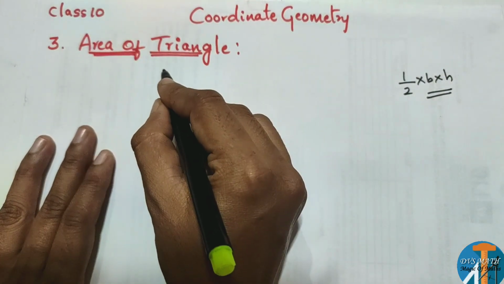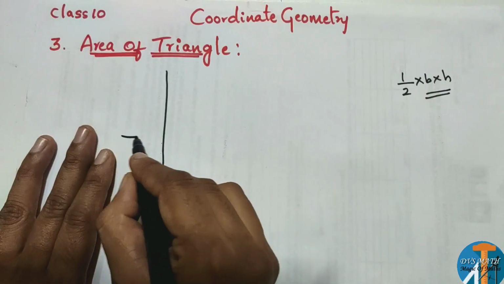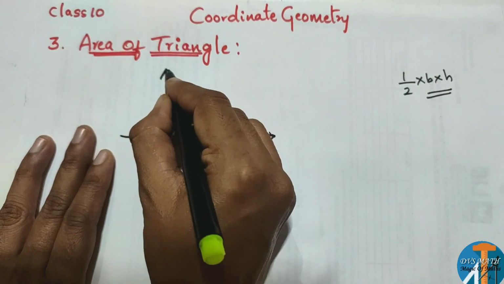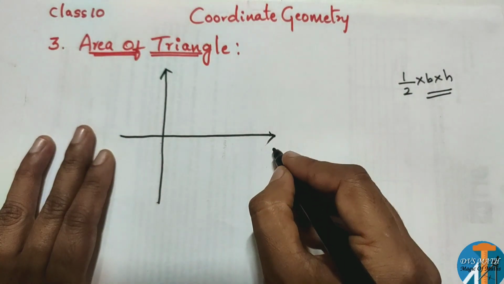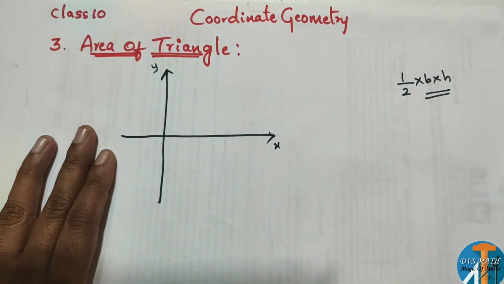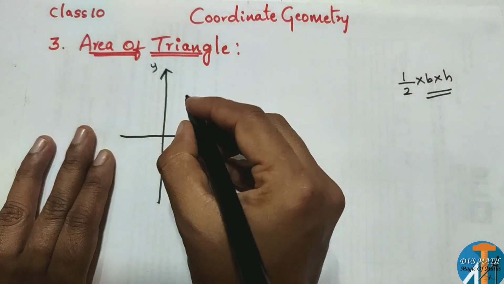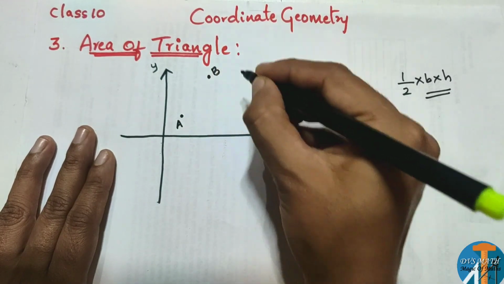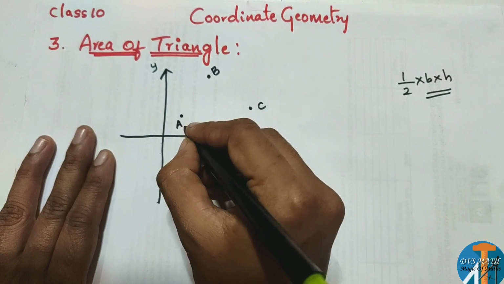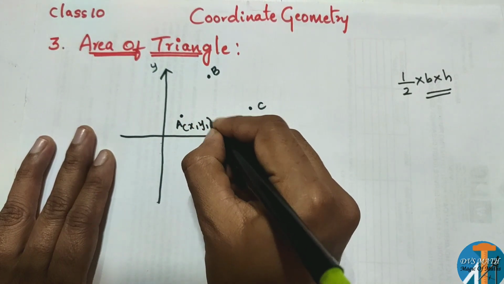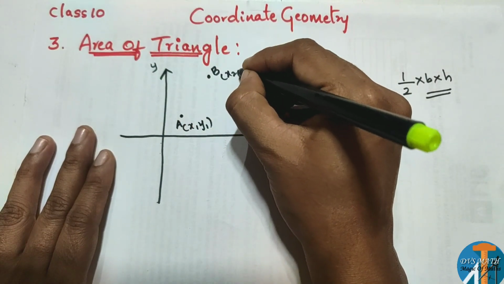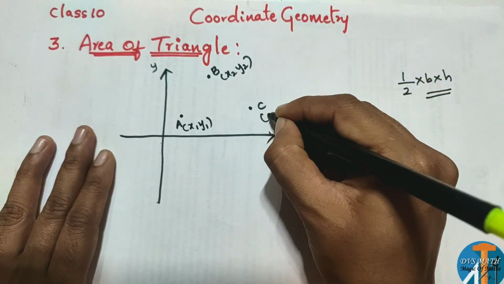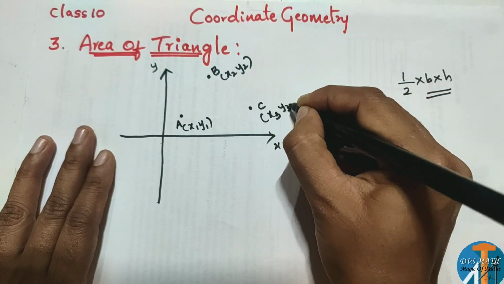For example, observe, if we consider a coordinate axis, as you know, it is the x-axis and y-axis. If I consider any 3 points, like point A, point B and point C: point A is x1, y1, point B is x2, y2, point C is x3, y3.